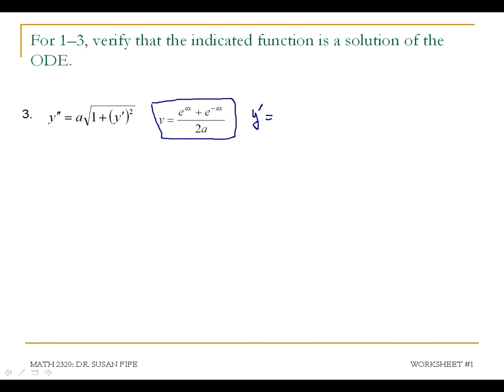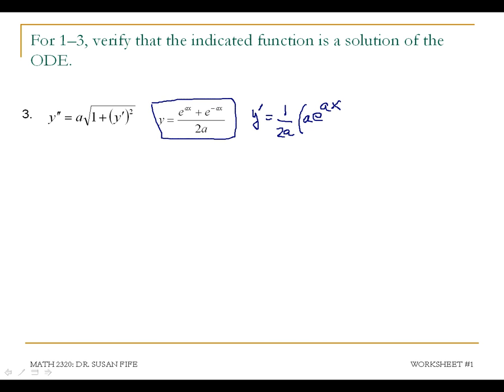In this case, y is a derivative of x, so that 2a is considered a constant. You could just pull that out, 1 over 2a. And we're really just taking the derivative of this numerator. Because these are exponential functions, you're going to just pull down that coefficient of x. We get a e to the ax.